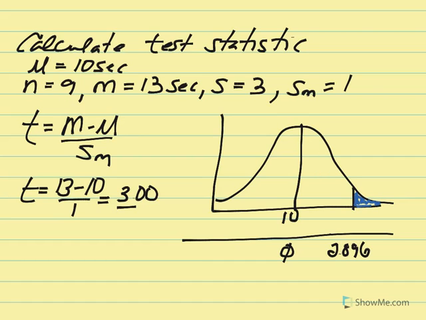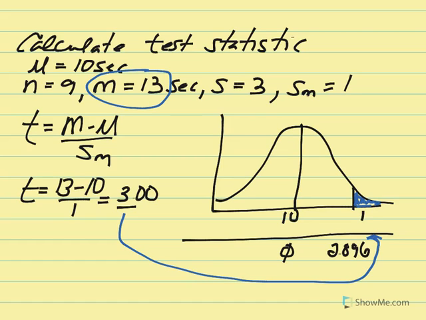And we just calculated our t statistic for the sample mean of 13. And we see that the t-value is going to be to the right of our critical t, so that places us in the critical region. And we would equate that to saying that the value of 13 is over here somewhere. Again, there is a value that represents a sample mean that represents the critical region, but we are just going to use the critical t-value to partition the critical region off from the rest of the distribution.